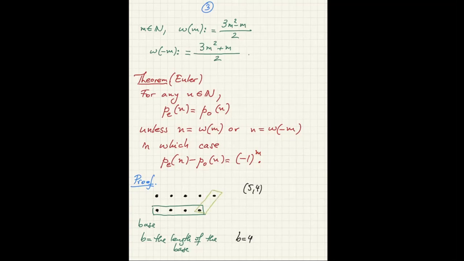In this case, we can just go through these two points. We call this segment the slope, and s is the number of points of the slope. So in this particular case, s equals 2. Okay, so let's do a few more examples, and then we will sketch the proof. Let's take another partition, maybe 6, 3.